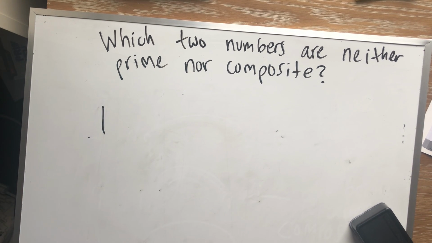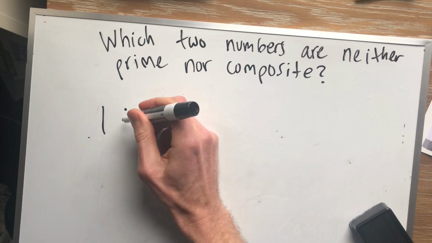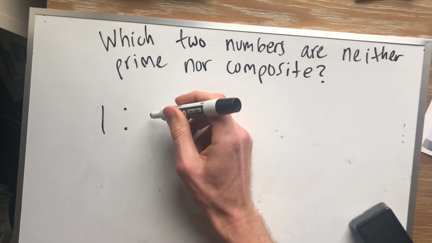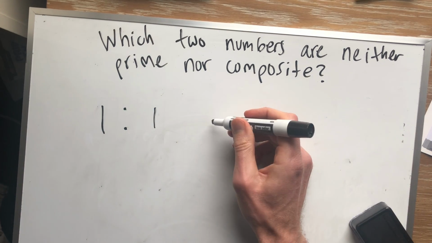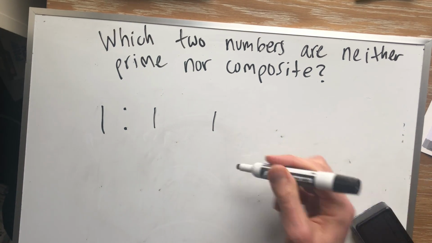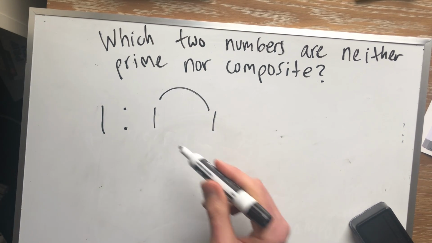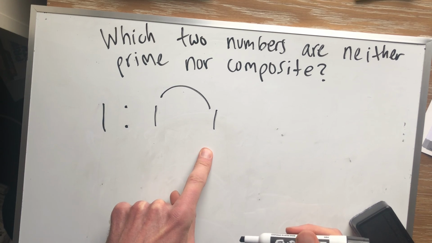Anybody know why? Because check out your factor rainbow. 1 times what equals 1? 1 times 1. But look, that's the same number twice.